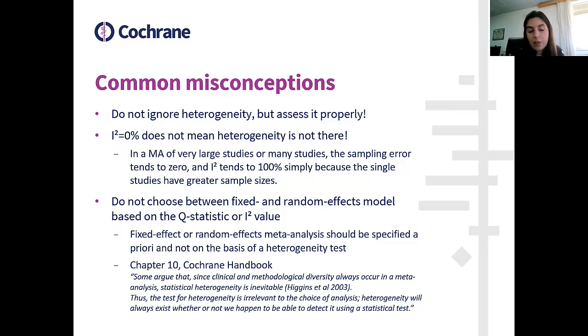As is very well underlined in chapter 10 of the Cochrane Handbook, statistical heterogeneity may be inevitable. So the test for heterogeneity is irrelevant to the choice of the analysis. Heterogeneity may be there, whether or not we are able to detect it using a statistical test. So the choice between these 2 models should be predefined.